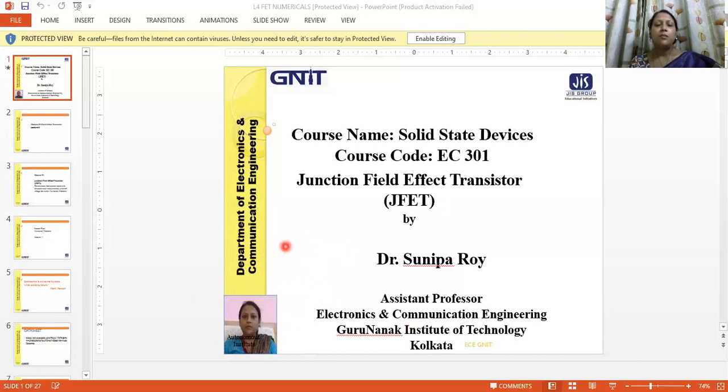So this ground terminal is connected to gate, and this positive terminal is connected to source or drain. Similarly, these 2 terminals of the multimeter are connected to source and drain.